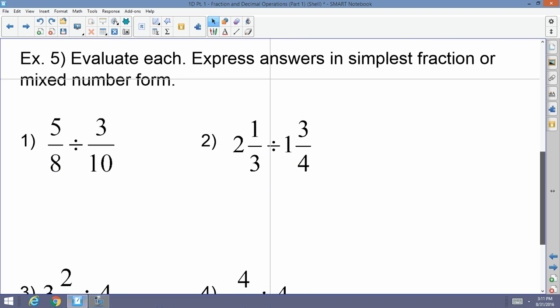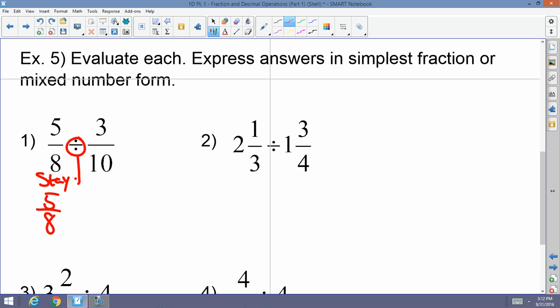So, example 5, evaluate each. Express answers in simplest fraction or mixed number form. Well, I got 5/8 divided by 3/10. Stay. So first fraction stays. Change. Changes from division to multiplication. Flip. Second fraction flips.